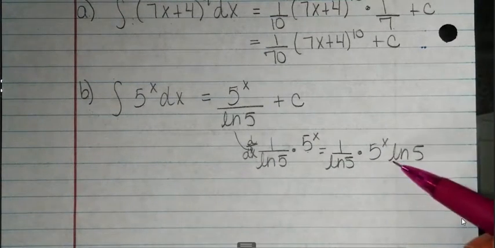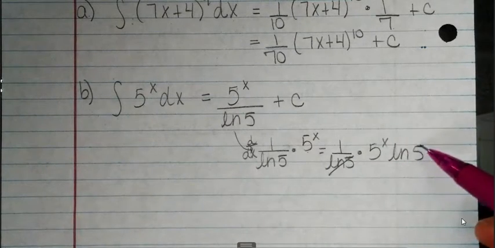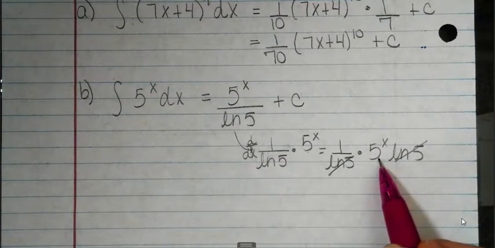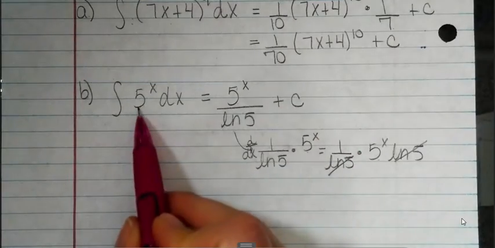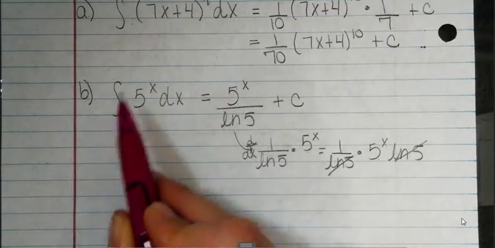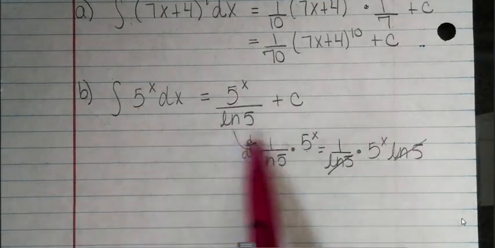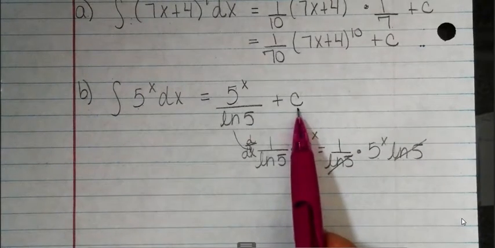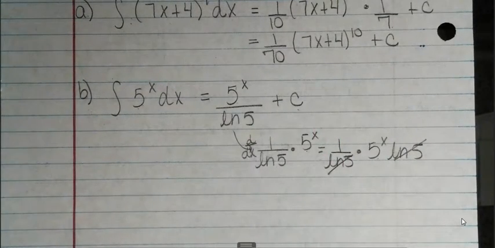When I take the derivative, look what happens to the ln of 5s, and I'm just left with 5 to the x, which is exactly what I'm taking the integral of. So I'm trying to get back to that original function, which happened to be this. And I don't know the constant yet. Believe me, you'll be able to figure out what the constants are at some point, but we're not going to do that yet. Right now, we're just going to really master the art of finding these indefinite integrals and kind of thinking backwards about derivatives.